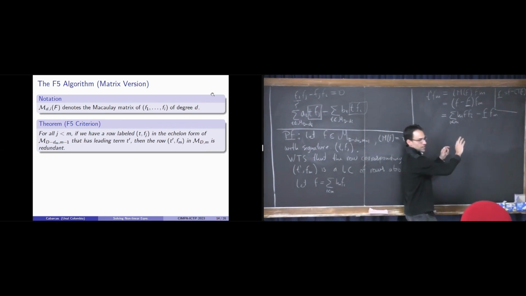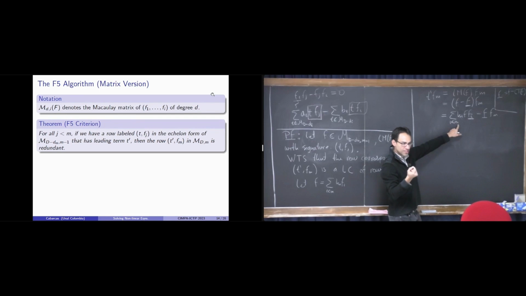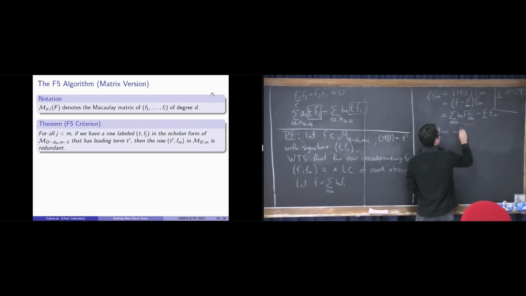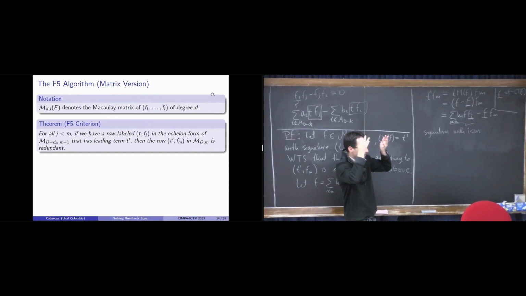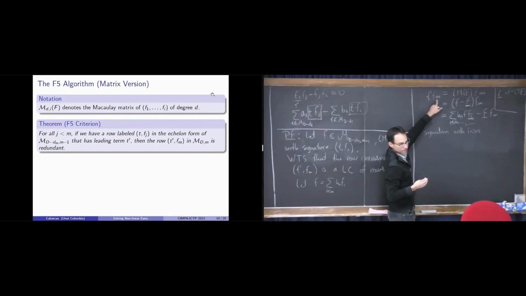Now, here on this side, we have i's that are less than M. So they have a lower signature because they are using polynomials that are before M. So here we're getting signatures with I less than M. So they must be above T prime Fm.